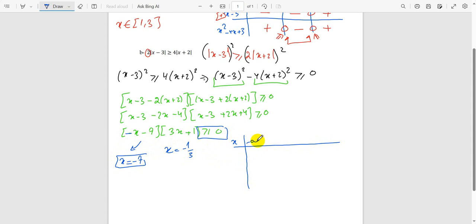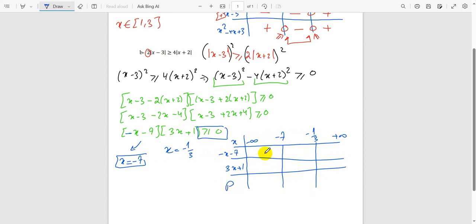Then x from minus infinity to plus infinity, the roots are negative 7 and negative 1 over 3. Of course, negative 7 is less than negative 1 over 3. And here we have the factors, minus x minus 7, 3x plus 1, and right here I have the product.